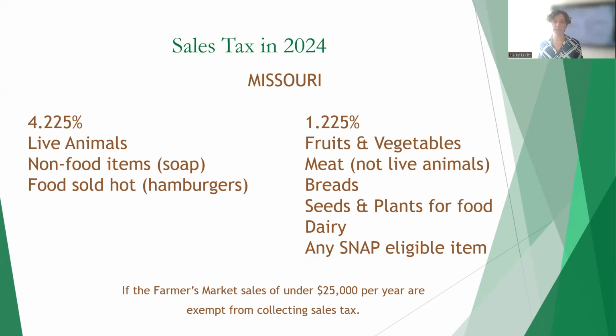It's a lower sales tax for people that have SNAP benefits or items that fall into the categories of SNAP benefits. Everything else stays at the same state sales tax amount. This is important because if you sell live animals and fruit and vegetables, you have to track those separately in order to report it on your sales tax report. So you're charging the right amount.